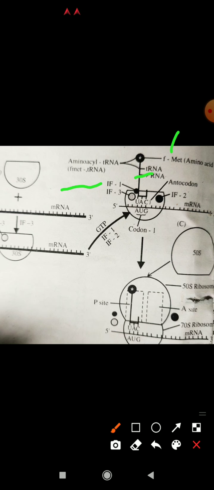Now, formation of the mRNA 30S initiation complex. In prokaryotes, the ribosomal subunit attaches to the 5' end of the mRNA to form the mRNA 30S complex.